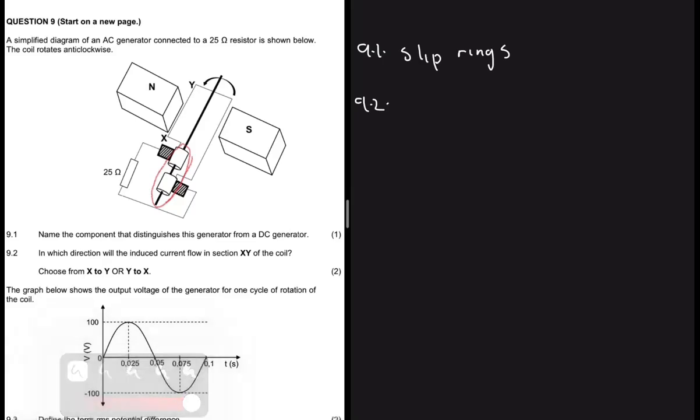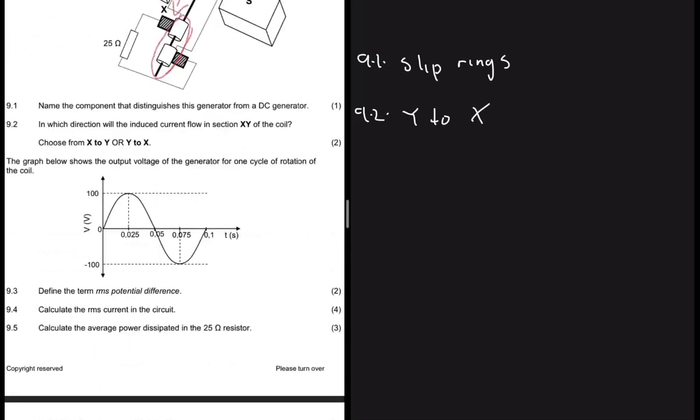With your left hand, you're gonna point using your index finger from the north pole to the south pole, because that's how the field moves. And then if you do that, your middle finger will be pointing from Y to X, right? And that's the direction of the induced current. So our answer for 9.2 would thus be Y to X.